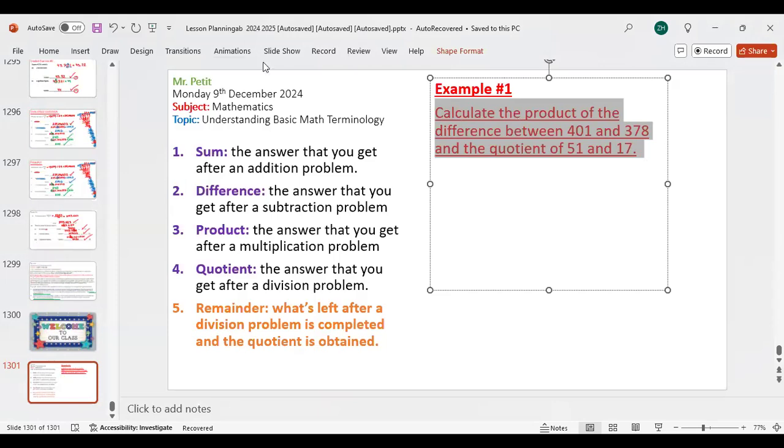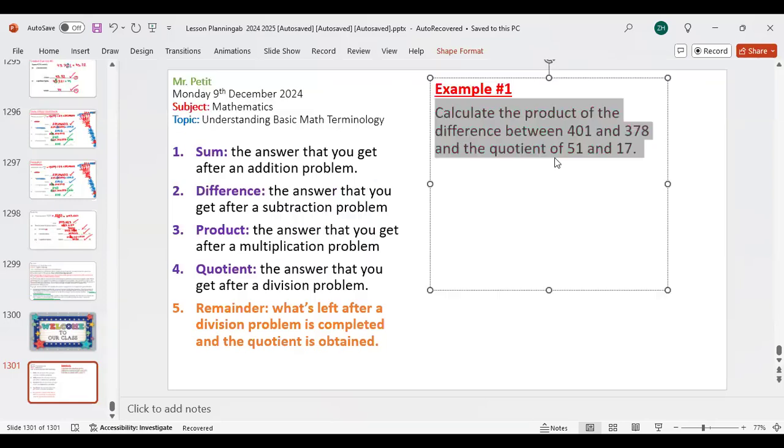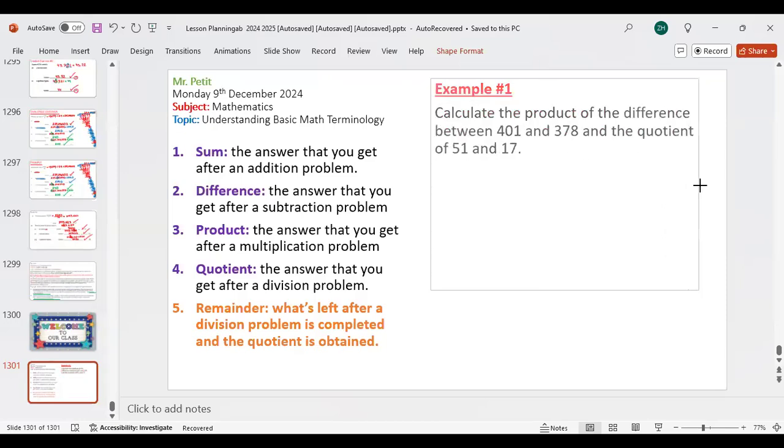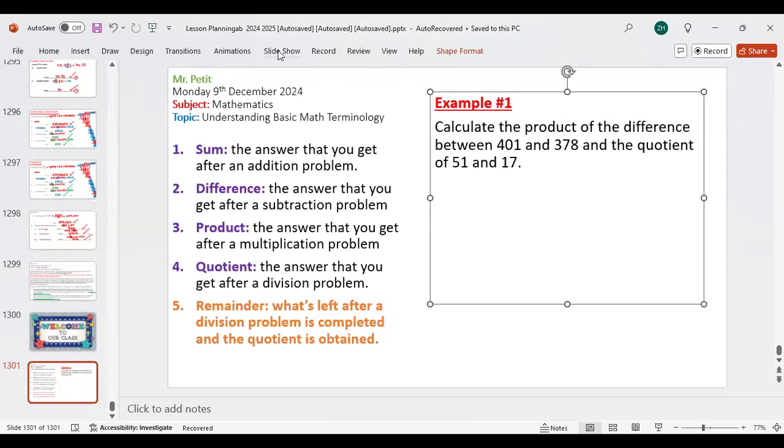Again, it says calculate the product of the difference between 401 and 378, and the quotient of 51 and 17.